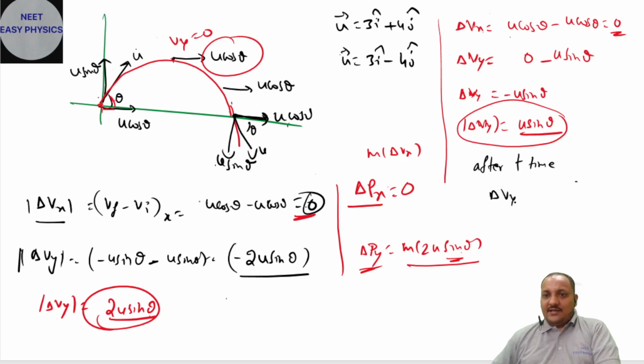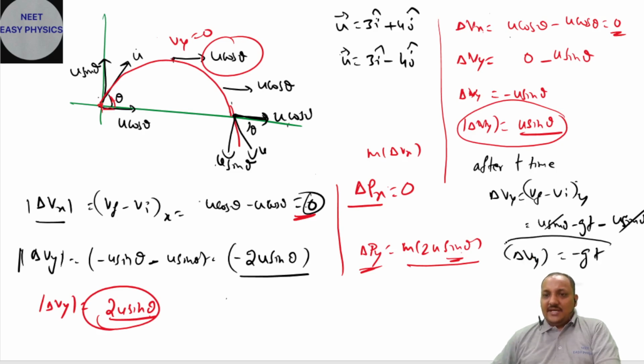Therefore, delta Vy, Vf minus Vi along the y-axis, is u sin theta minus gt minus the initial velocity, which is u sin theta. Therefore, the change in velocity is going to be minus gt along the y-axis. Along the x-axis it is always 0. If they ask the magnitude of change in velocity after t time, it is gt.